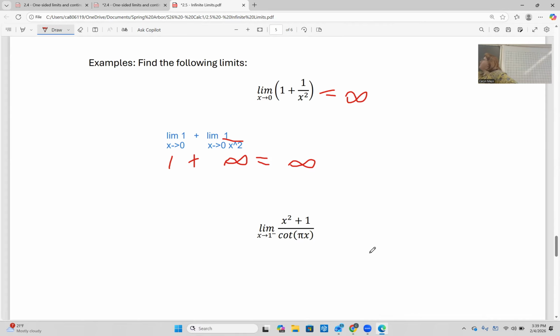So first, what's the limit as x goes to 1 from the negative side of x squared plus 1? It's positive. In particular, we know what that number is going to be. It's going to be 2. The numerator goes to 2 because I can plug in 1 and be just fine. 1 squared plus 1 is 2.